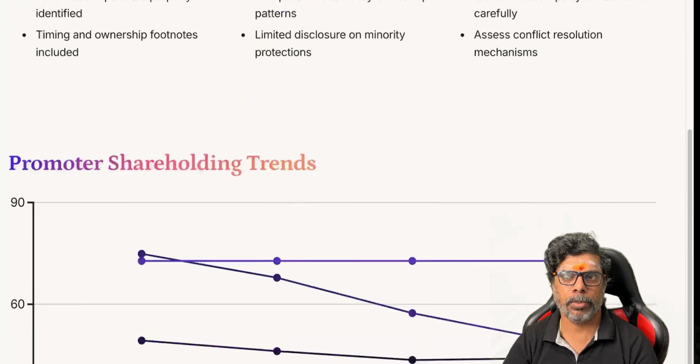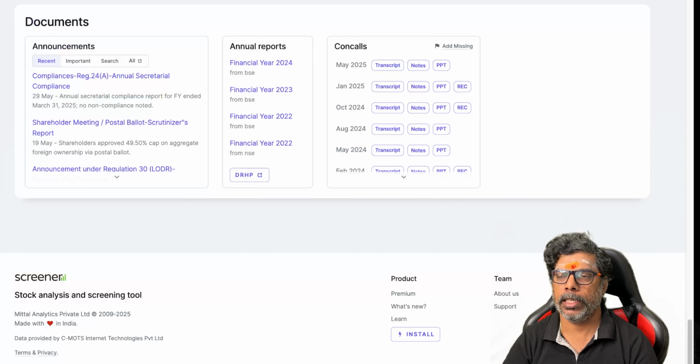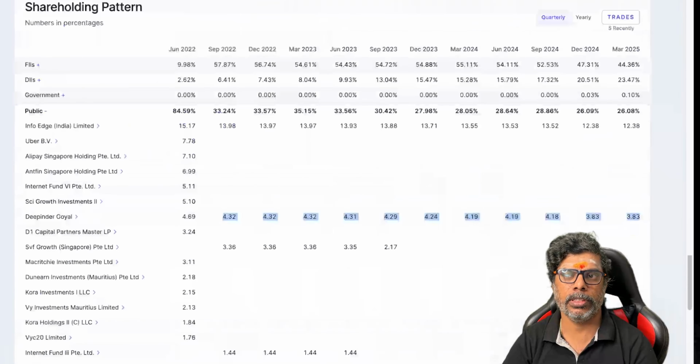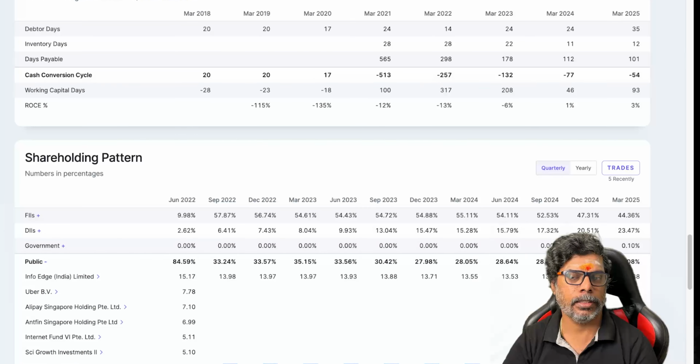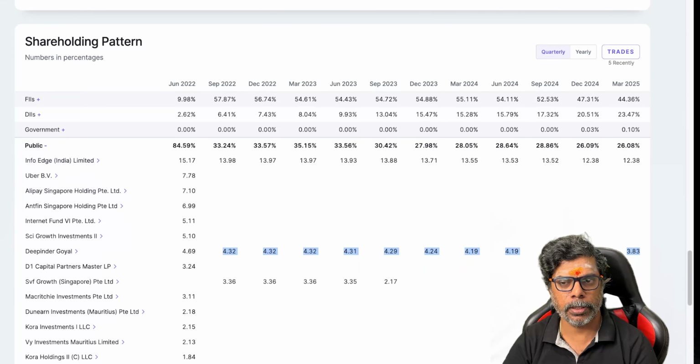The next important one is the promoter shareholding pattern. If I look at any company's shareholding pattern, take Zomato: there is no promoter holding at all. Everything is with the public. Deepinder Goyal is counted as public, not as a promoter now.